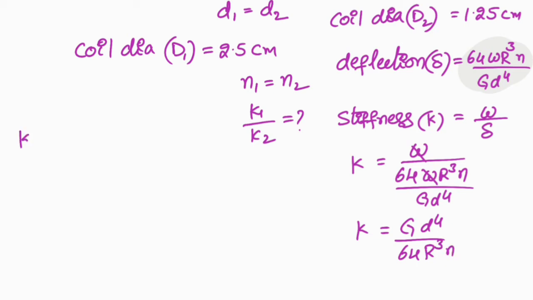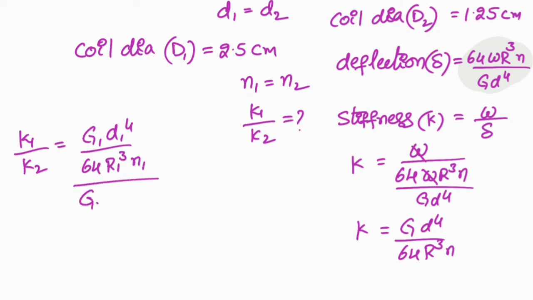Then you are asked to find K1 by K2. K1 by K2 equals G1 d1 power 4 by 64 R1 cube N1 divided by G2 d2 power 4 by 64 R2 cube N2. But N1 equals N2, the number of turns remains the same, so these two cancel, and 64 also cancels.